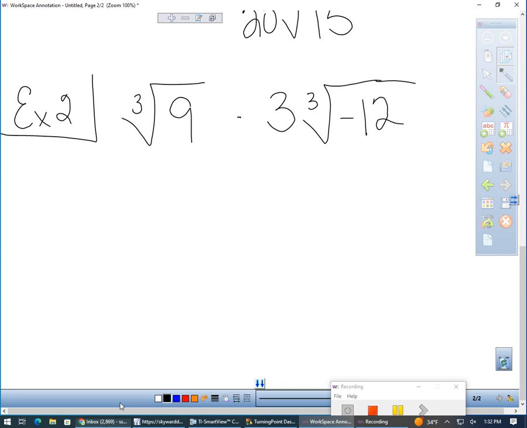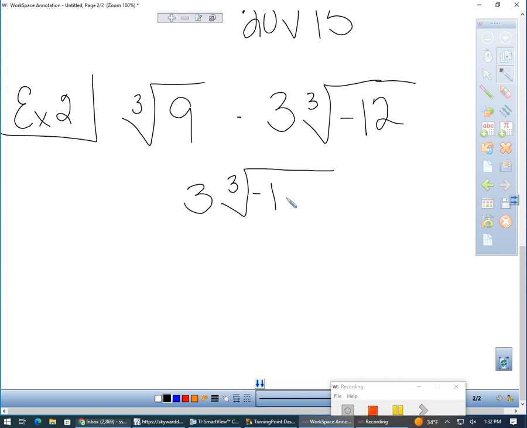So first we multiply our outsides, right? This is a 1 times 3 is 3. Cube root. And again, you have to have that little 3 there for it to be a cube root. Now we multiply our insides. 9 times negative 12. Negative 108.